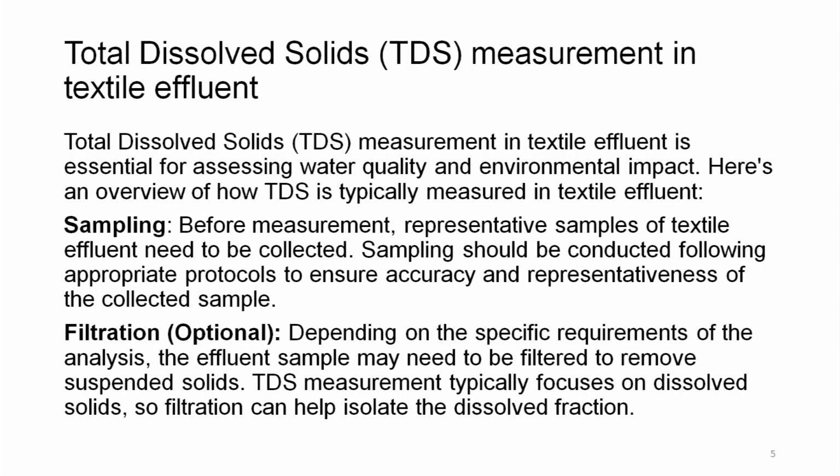How is TDS measured? Total dissolved solids, TDS, is measured in textile effluent and it is essential for assessing water quality and environmental impact. Here is an overview of how TDS is typically measured in textile effluent.